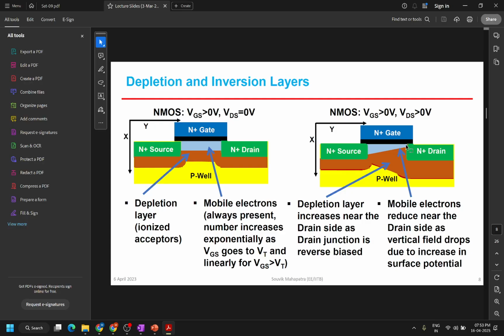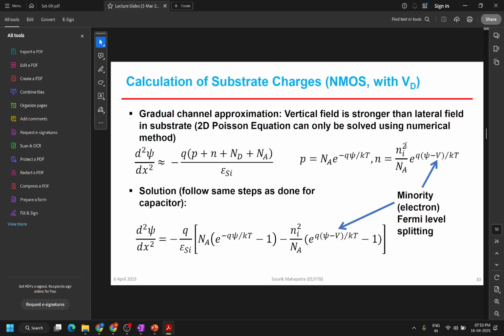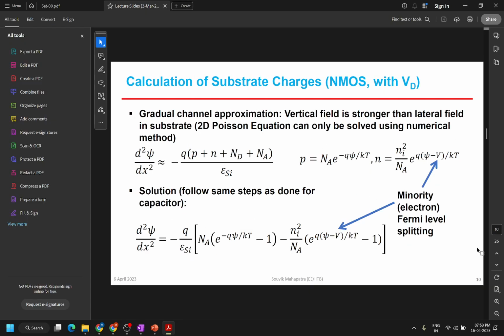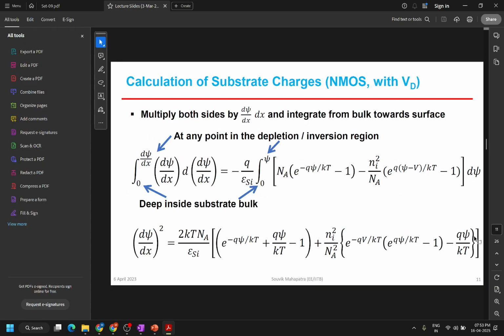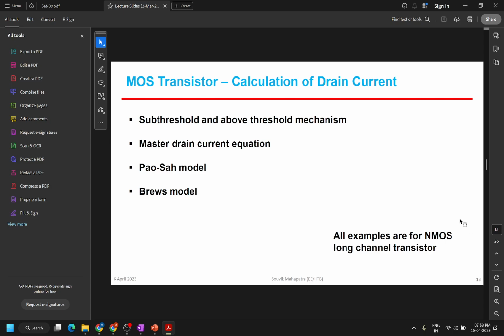That is called your pinch off region. And there you have your saturation region. So this is all the calculation that you do for this.